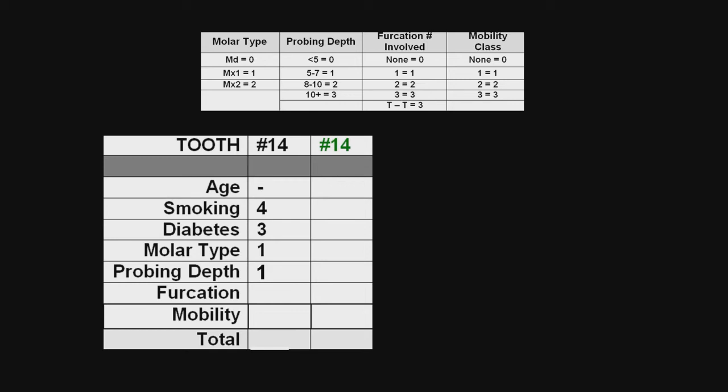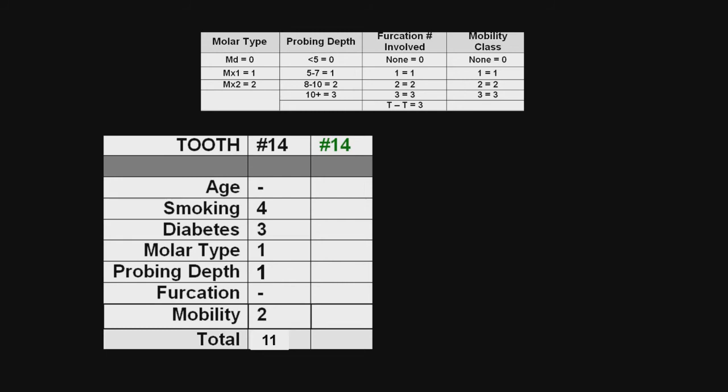Probing depths, we've already said, are not that significant. She has a gingivitis. She has some 5, 6 millimeter swollen gums, maybe an occasional 7, but certainly with no attachment loss. And with no attachment loss, there would be no furcation involvement. However, the patient is diabetic, and what do we know about a diabetic? These patients do have a certain level of mobility, and I would be concerned about that.